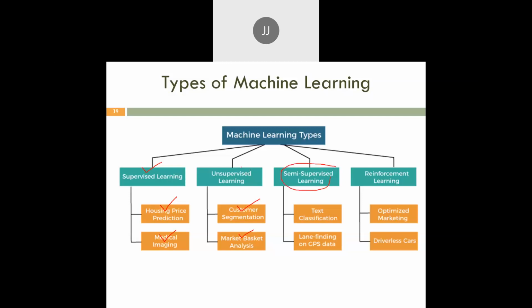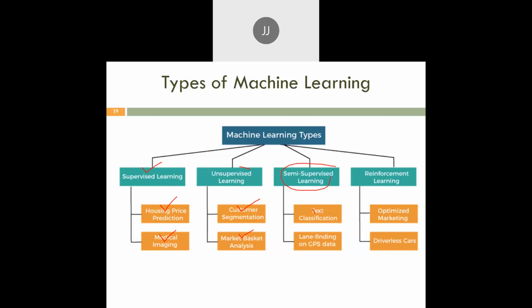Okay, the semi-supervised is in between supervised and unsupervised. Later on we will learn what is the difference between supervised and unsupervised. So semi-supervised, in which we have a mix of labeled and non-labeled samples we need to learn.